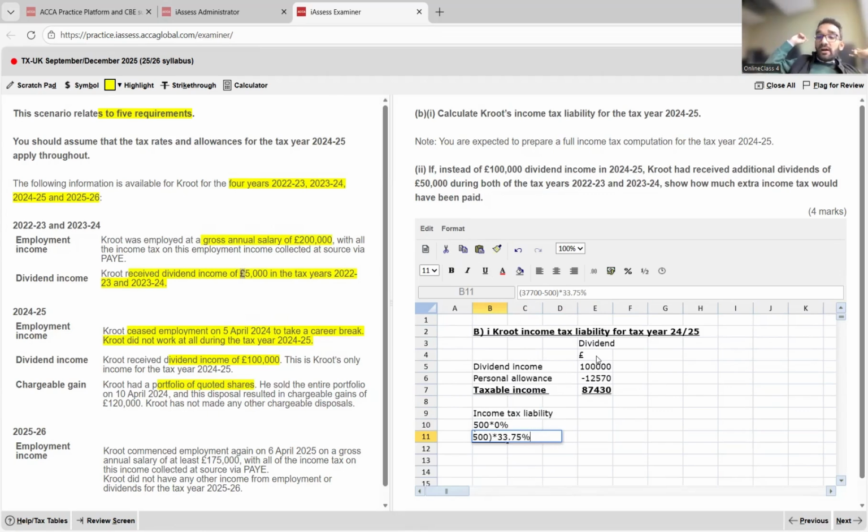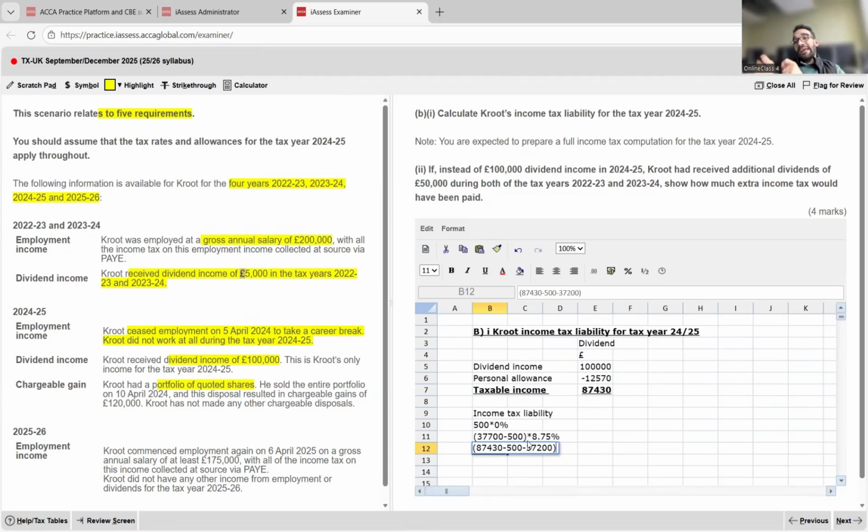It falls in the basic rate, right? So 8.75% on that amount. And we'll be applying the higher rate on the other part. What is the above amount? It is actually 87,430 minus 500 minus 37,200. Right? See this 37,200.